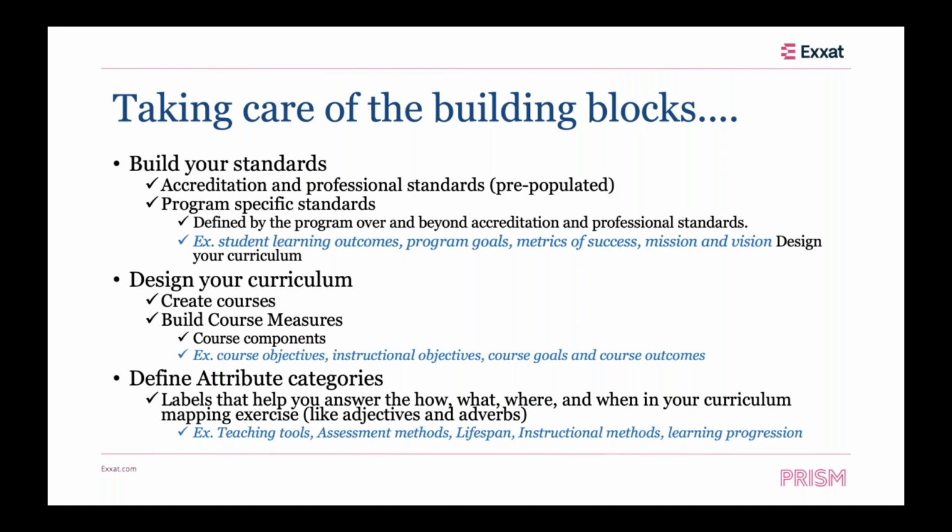For example, you want to define your student learning outcomes for your entire program, or the programmatic goals, metrics of success, and you do want to track how your curriculum is helping you meet some of these programmatic standards. So these are completely customizable. You populate these. You can either give it to us and our support team can help populate, or you can directly go into the system and do it yourself.